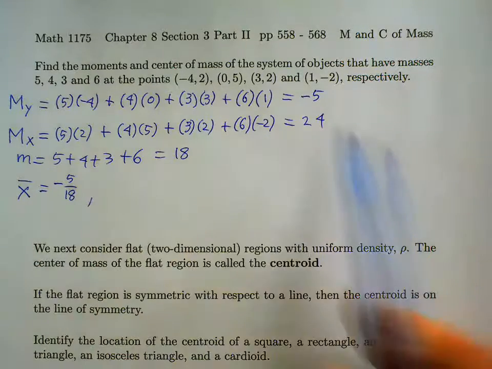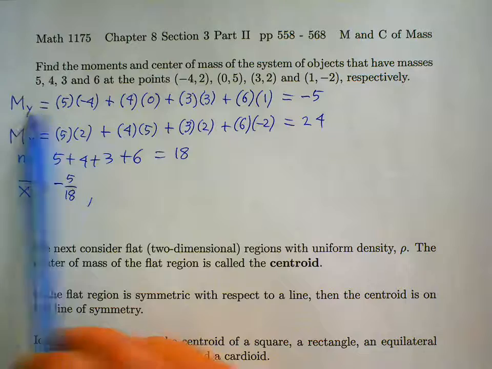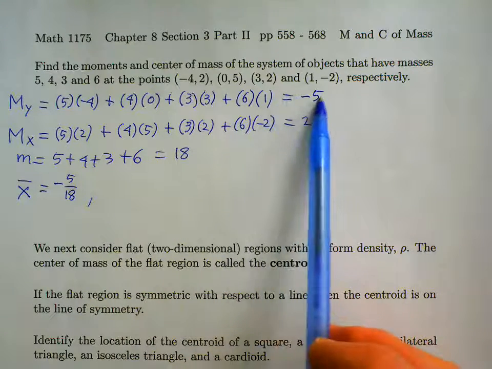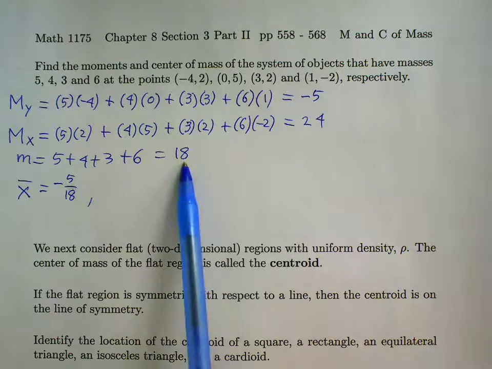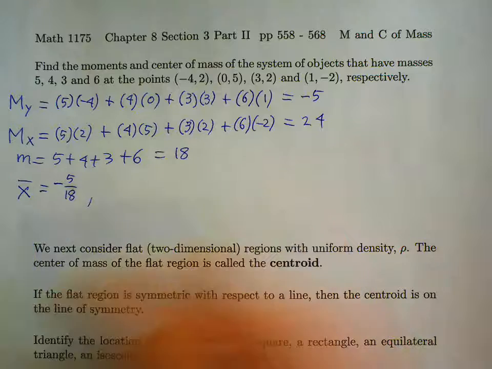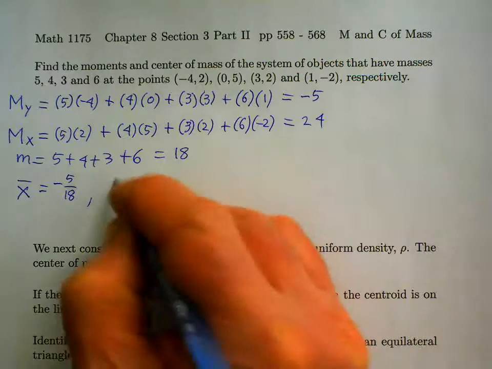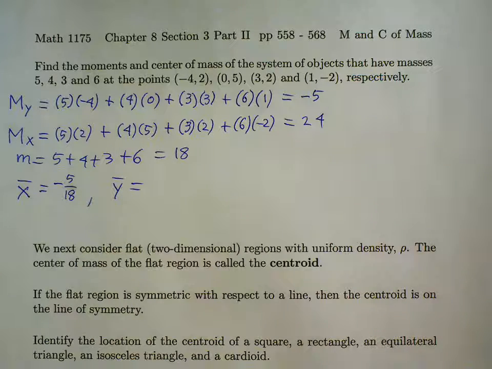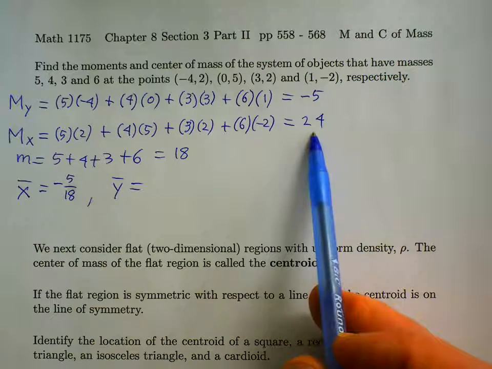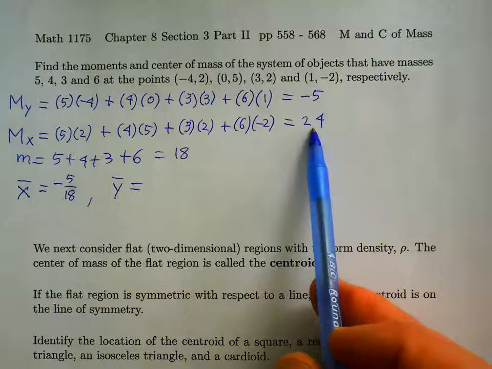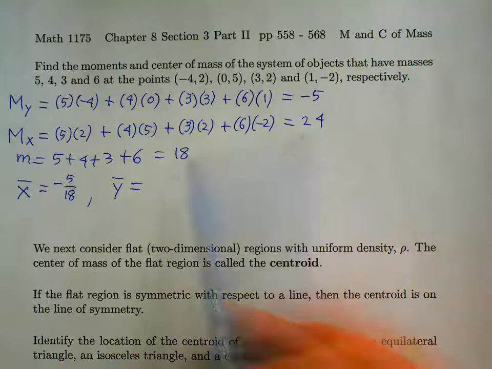So that's the moment of the system about the y-axis divided by the total mass is the x-coordinate of the center of mass. The y-coordinate of the center of mass is the moment of the system about the x-axis divided by the mass.